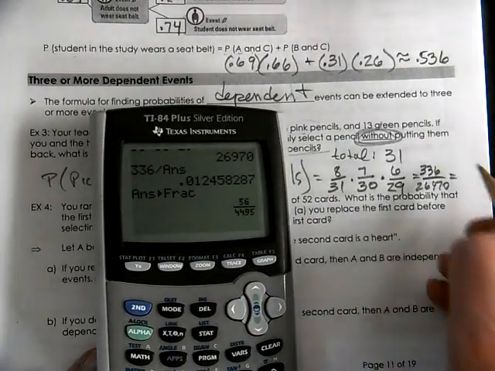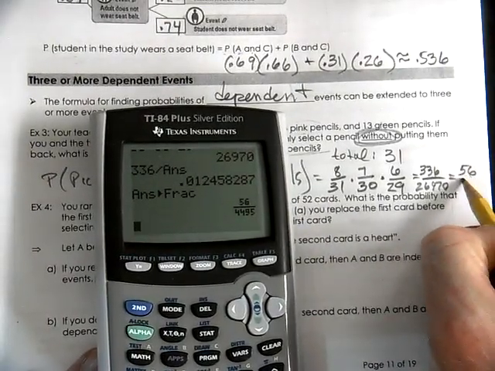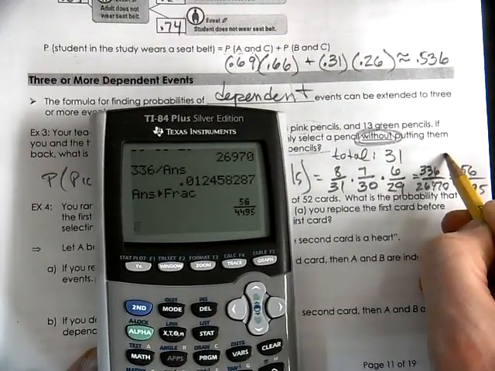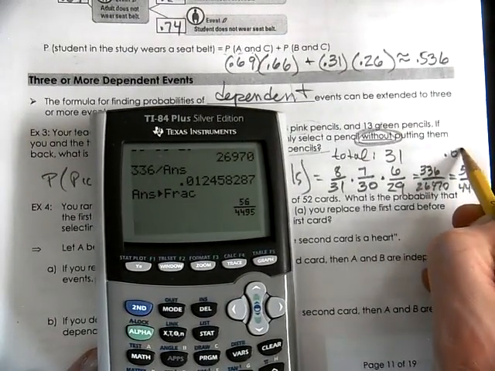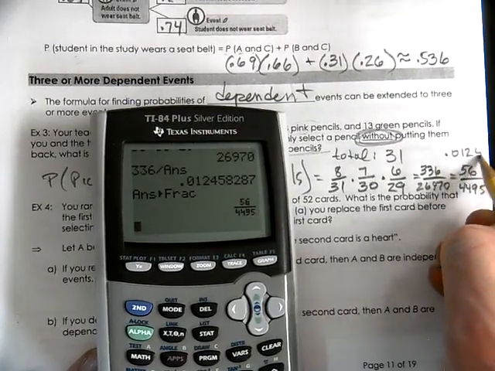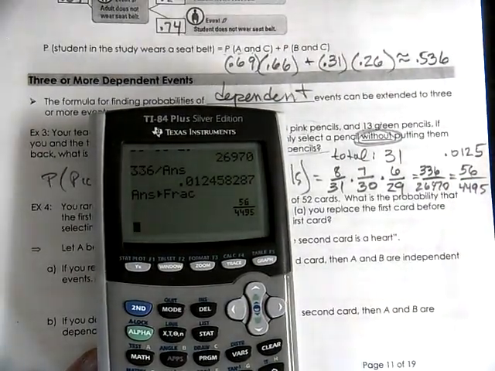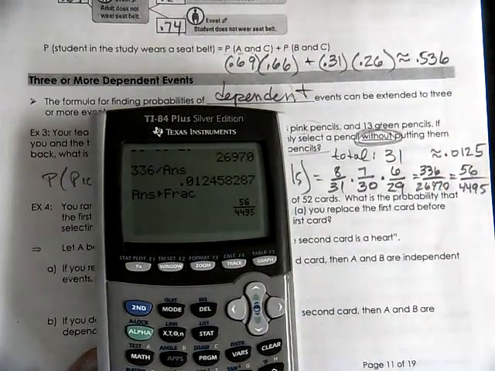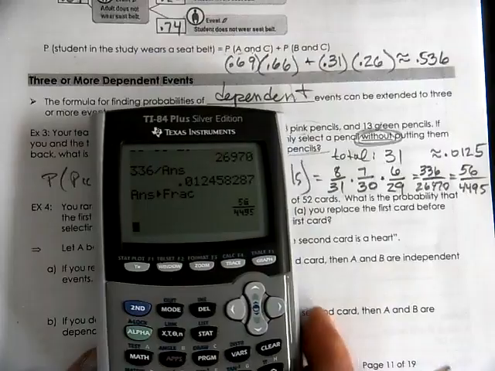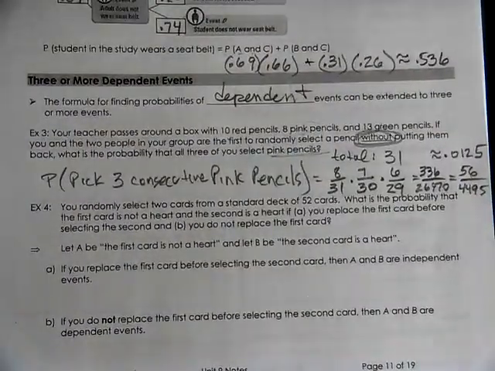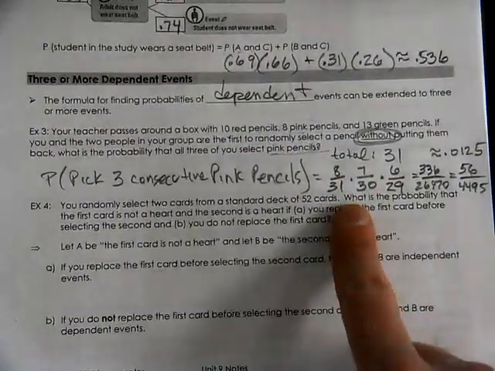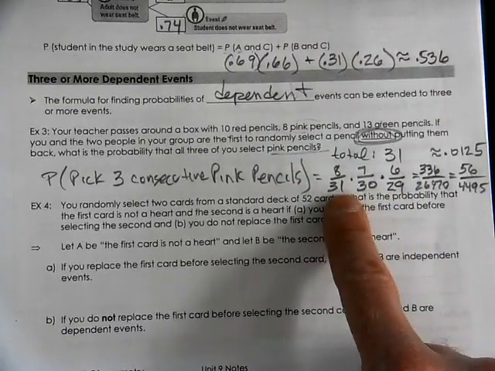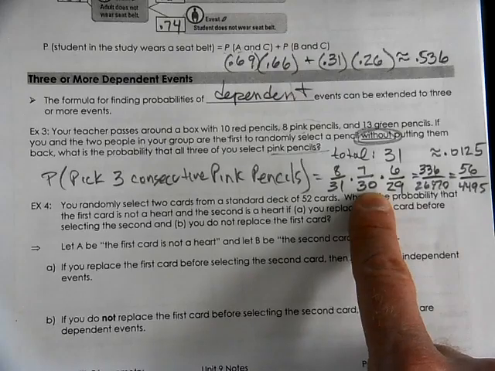So we don't have to worry about being aware of our factors. So that gave us the probability of 0.0125, if we were interested in the decimal. So that is dependent because the number is going to change, especially in the denominator.